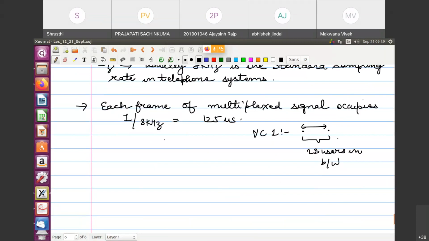अब हर यूजर जो है, so in this time it should consist of, और 125 माइक्रोसेकंड में ही आपको पूरे 24 यूजर्स को अकोमोडेट करना है। नटशेल में आप ये कह सकते हैं, it consists of 24 8-bit words. Why?